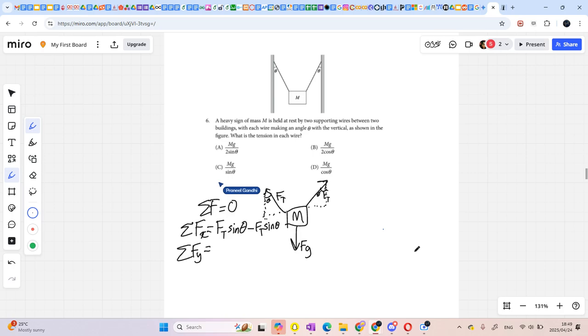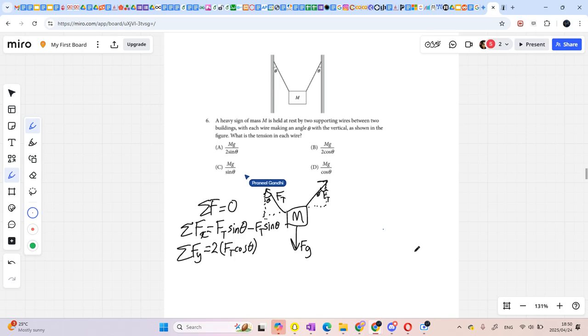Now for the y direction, we look at the vertical components. We define up as positive. So we have 2 times FT cosine theta, because those are the vertical components of each of the forces, and there are 2 of them.